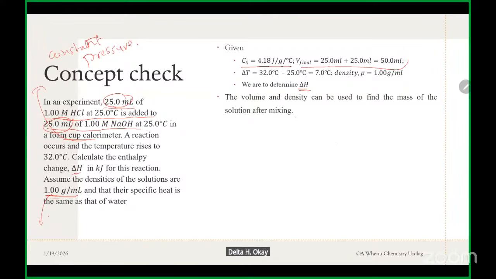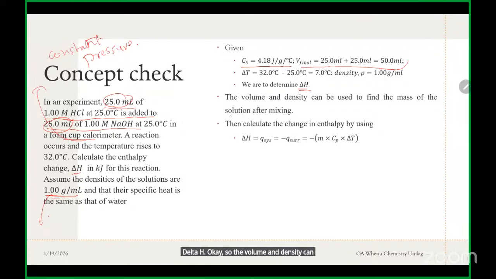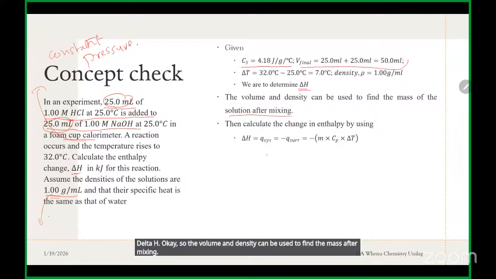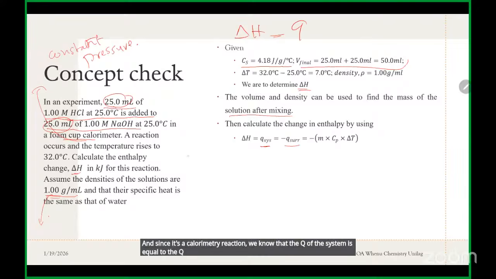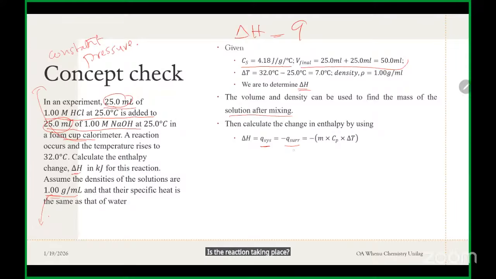Okay, so the volume and density can be used to find the mass after mixing. How? Because the heat absorbed is equal to the delta H. And since it's a calorimetry reaction, we know that the Q of the system is equal to the Q of the surrounding. The Q of the system is the reaction taking place, and the surrounding is the water and the cup.